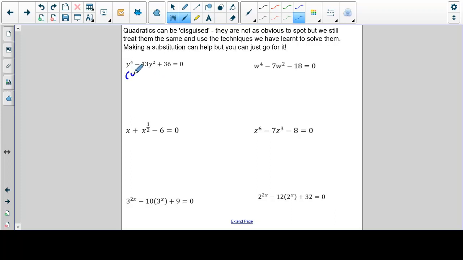Maybe rewrite it as a quadratic, as you'd expect to see. And then go ahead and solve this in whatever way you need to, hopefully by factorising. This one does factorise. So our brackets now have to have y squared in them, not y, because it's a quadratic in y squared.